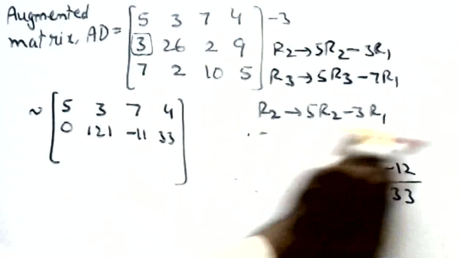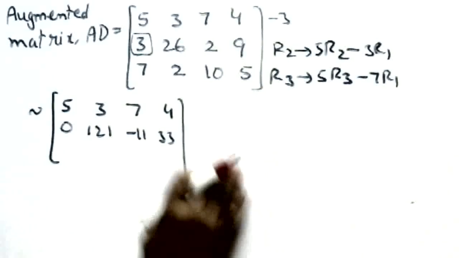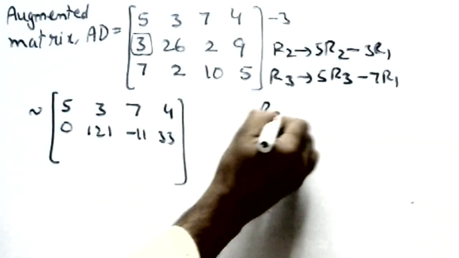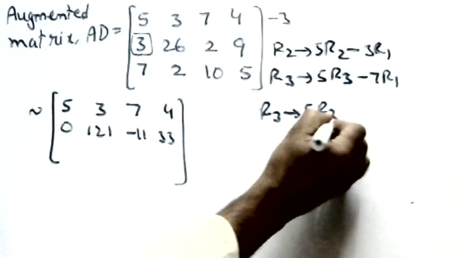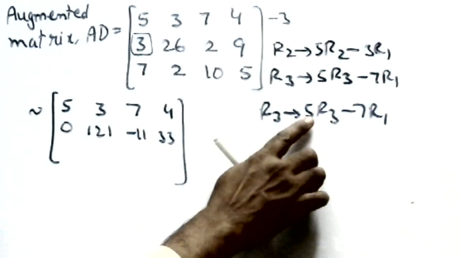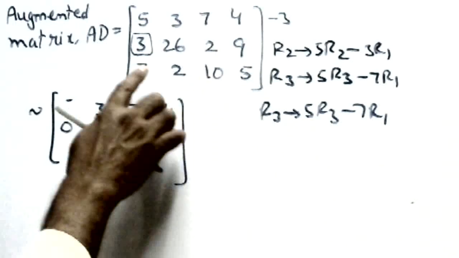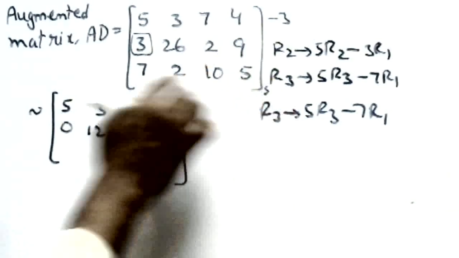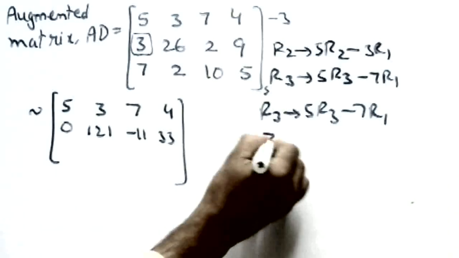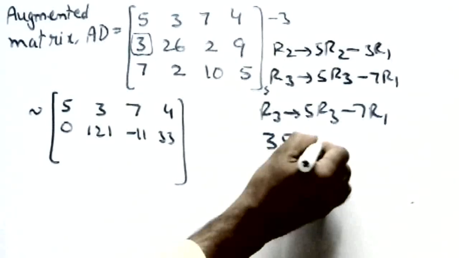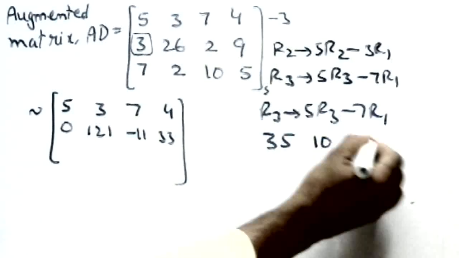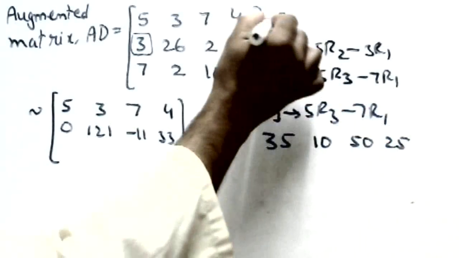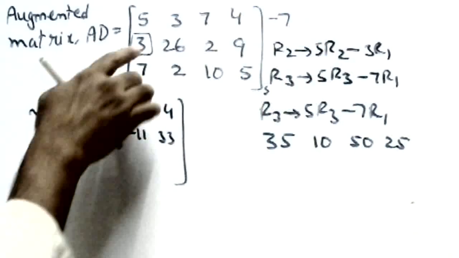In the same way, let me do the rough work for another row. What is the other row here? R3 implies 5R3 minus 7R1. Now multiply with 5, 5 into R3. So let me multiply this with 5: 5 10s, 5 7s are 35, 5 into 2 is 10, 5 10s are 50, 5 5s are 25.